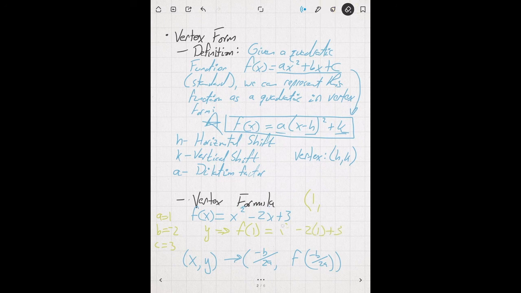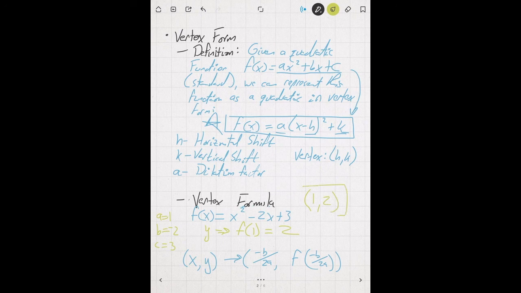Well, 1 squared is just 1, and 2 times 1 is just 2. So 1 minus 2 is negative 1. Negative 1 plus 3 is just 2. So there's my vertex, 1 and 2.